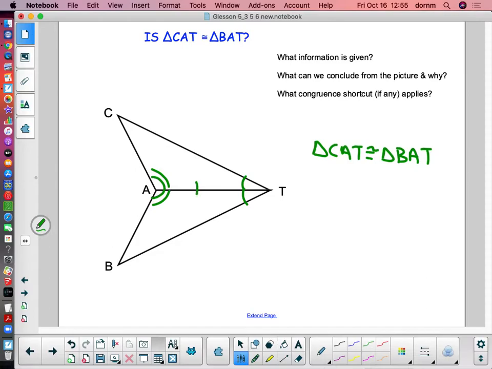Yes, again, we have that reflexive side, so this is going to be angle, side, angle, because the side here is the side between the two congruent angles.